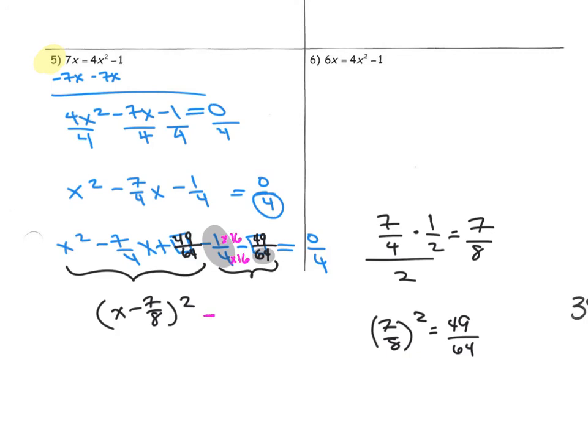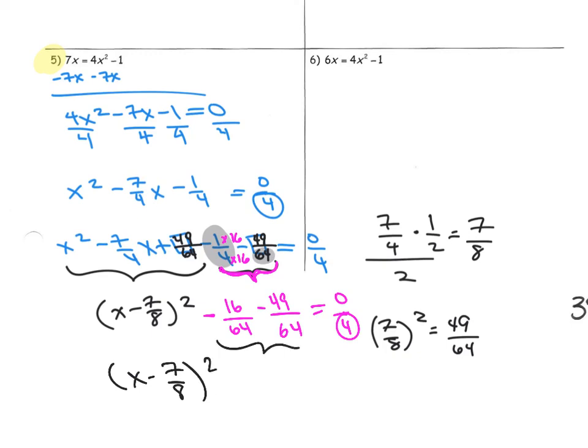So this is really going to be minus 16 over 64, minus 49 over 64, so this whole thing equaling that 0 over 4. Keep the 4 there because you got to remember to multiply back. Okay, and continuing, combine like terms. Negative 16 minus 49, that is minus 65 over 64 equals 0 over 4.